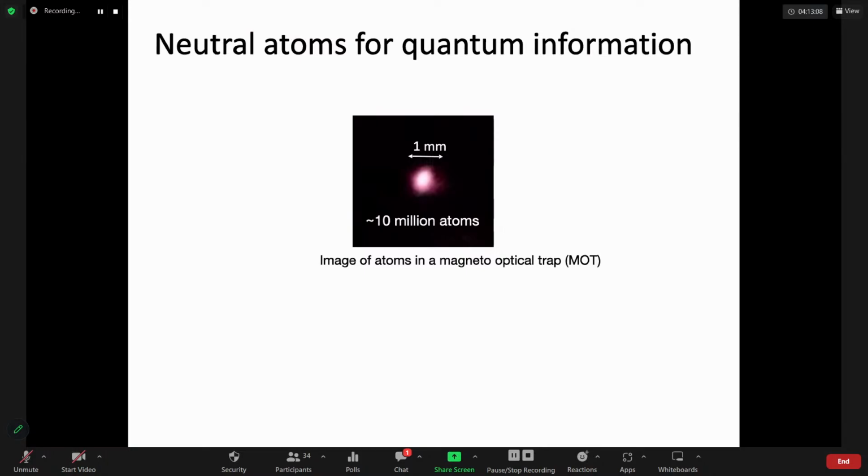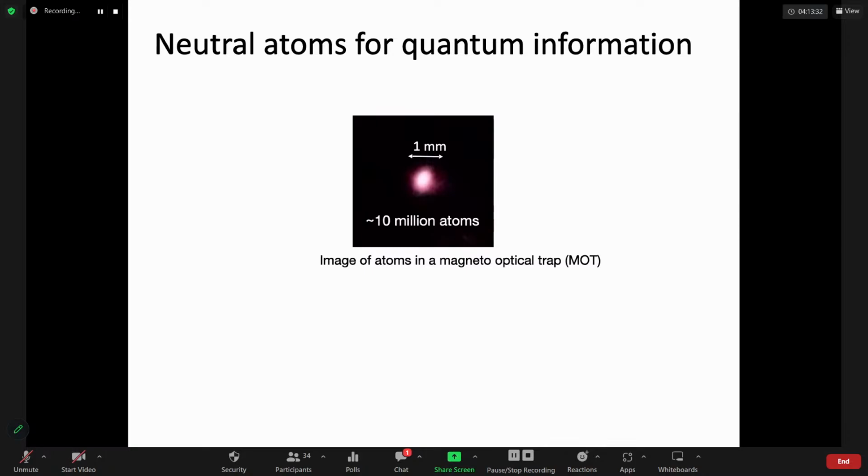I would just like to start my talk with how we typically start the experiments in this field. We typically start with a cold atomic cloud using something called a magneto-optical trap. It's the workhorse of all cold atom experiments. In each of these clouds, we typically have 10 million atoms.